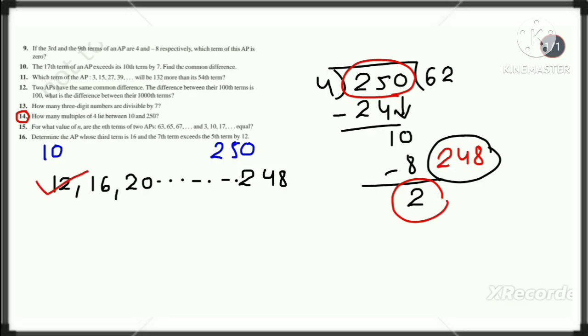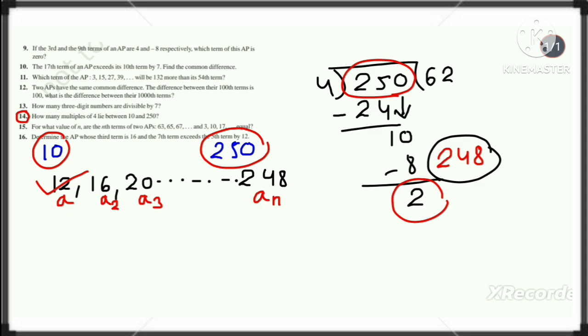Now as per the question, we need to find how many such multiples of 4 lie between 10 and 250, or simply we need to find the number of terms, right? So in this sequence of numbers, this is A, this is A2, and this is A3, and this is the last term denoted by AN, right? So now let's list out whatever we have.